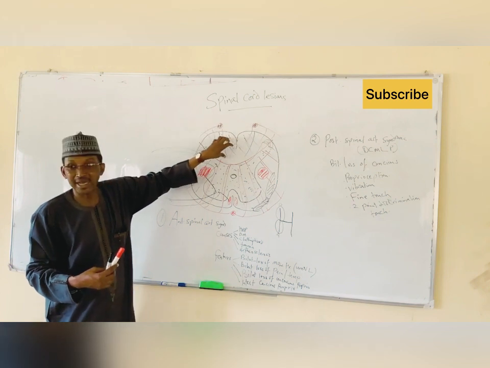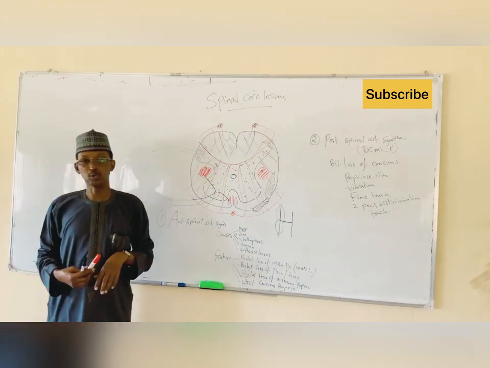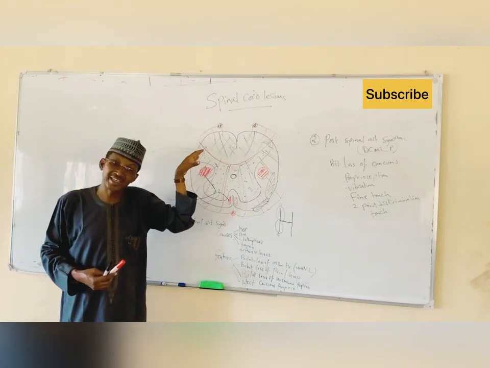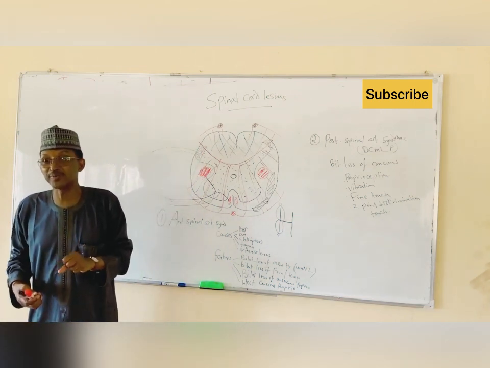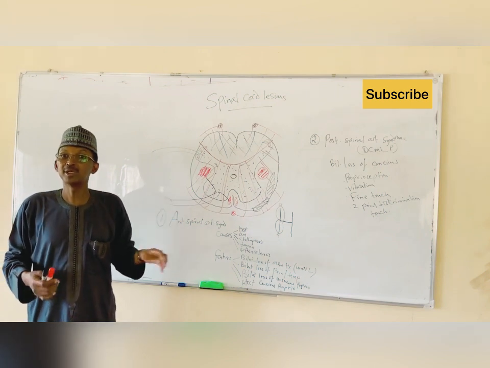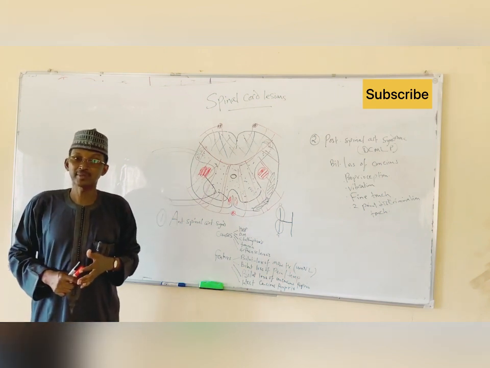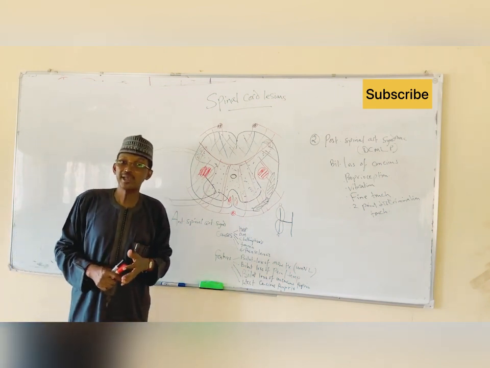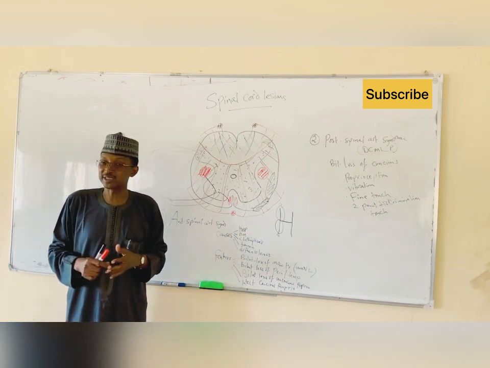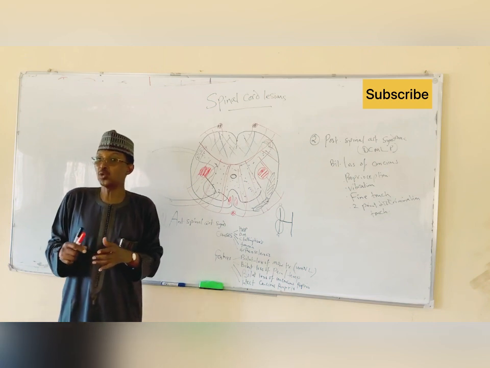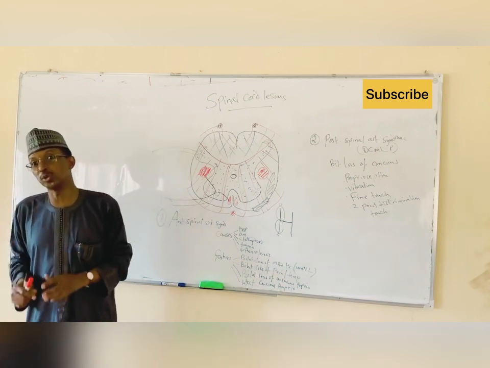And so this dorsal column is going to be affected. In that case, it's only the conscious perception that is going to be affected. That means body position sense is going to be lost, vibration sense is going to be lost, fine touch sensation is going to be lost, and 2-point discrimination is also going to be lost.